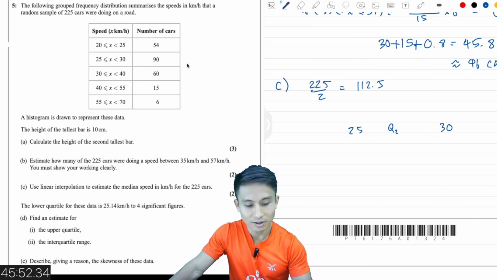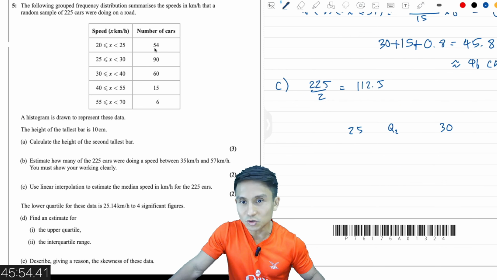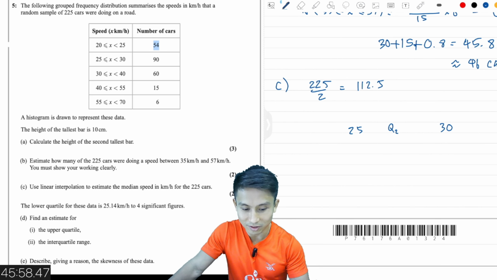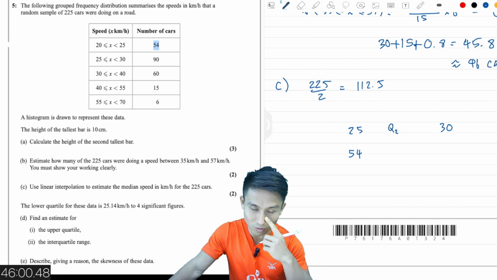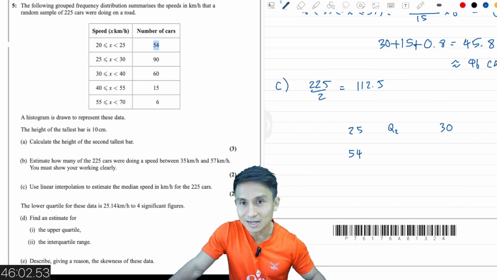Make sense? Now, you're going to write the cumulative frequency below the lower bound here, and you'll see what I mean. And the cumulative frequency of like 54 plus 90 here for the upper bound. So this is for the lower bound 54 because it's the beginning of this class. But when you add 90 more, it's going to be the end of this class, right?